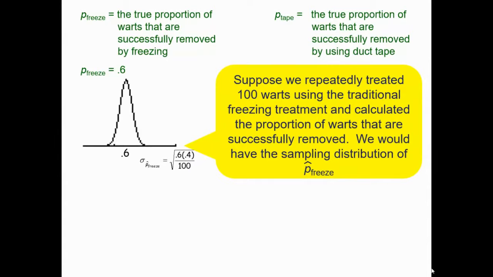If we did that over and over and over, we would have the sampling distribution of p hat freezing. We would have a mean of 0.6 and a standard deviation of the square root of 0.6 times 0.4 over 100.